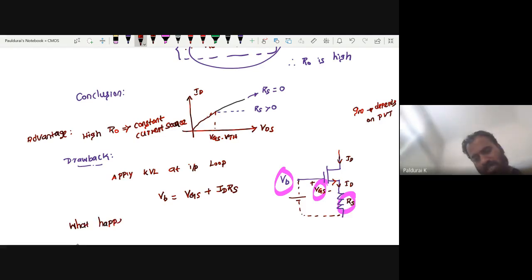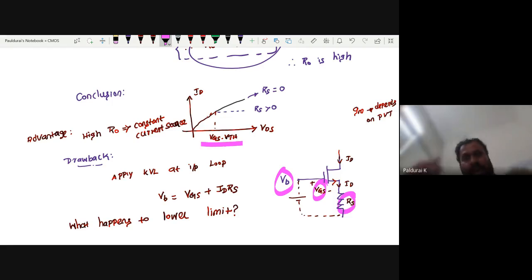What happens to the lower limit? Anyone? Previously the lower limit was VGS minus VTH, the threshold, right? Now because of connecting this RS, what is the limit?